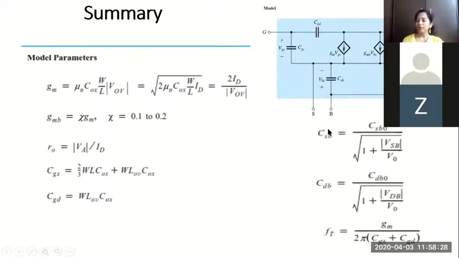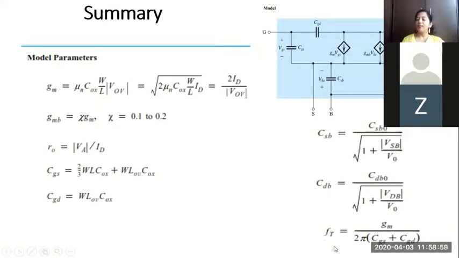Anyway, and the other two capacitances, source to body capacitance, this is the value Csb0 divided by the square root of 1 plus Vsb by V0. Same thing for this Cdb. Remember, Cdb0 stands for the capacitance at zero reverse bias, and Vdb stands for the given value of reverse bias voltage. V0 is the junction voltage, 0.6 to 0.8 volts typically.